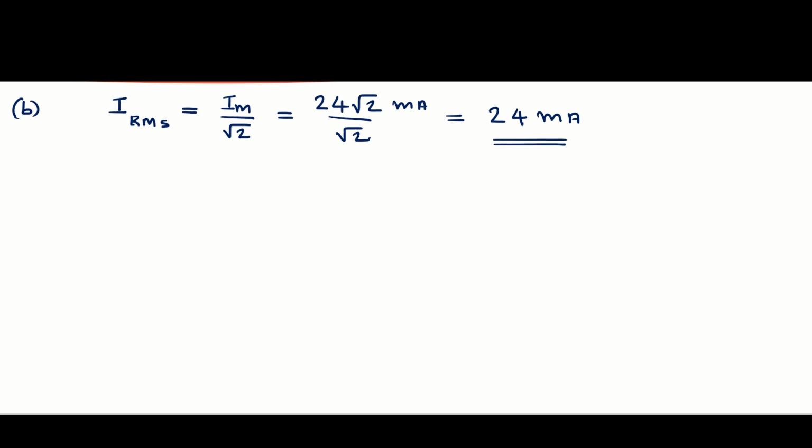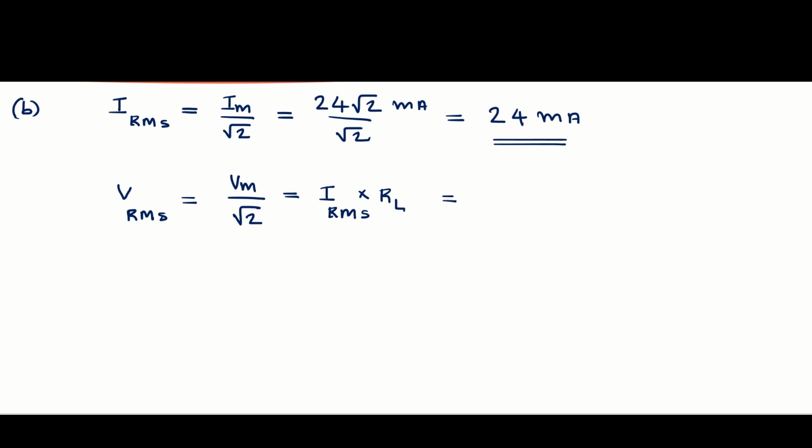And next we have to find out the RMS output voltage. RMS output voltage indicated by Vrms, which is equal to Vm divided by root 2, which is same as IRMS into load resistor RL.